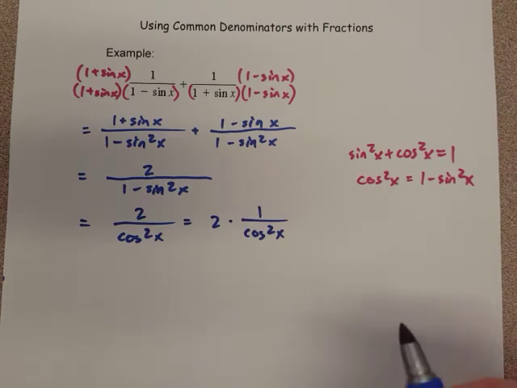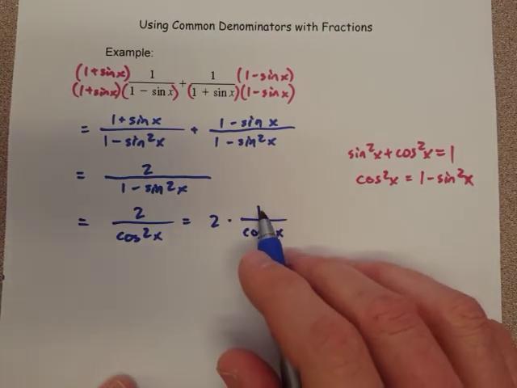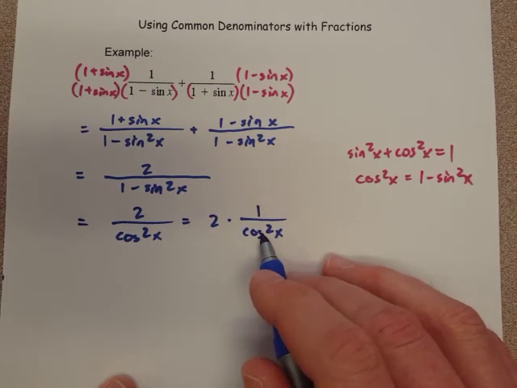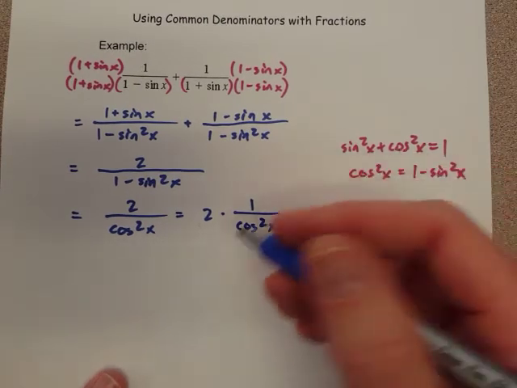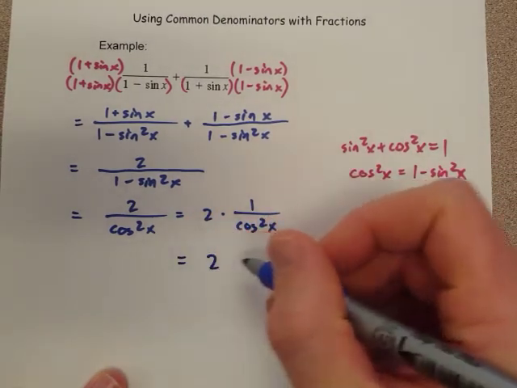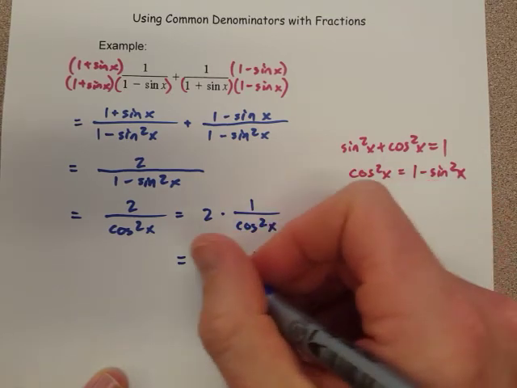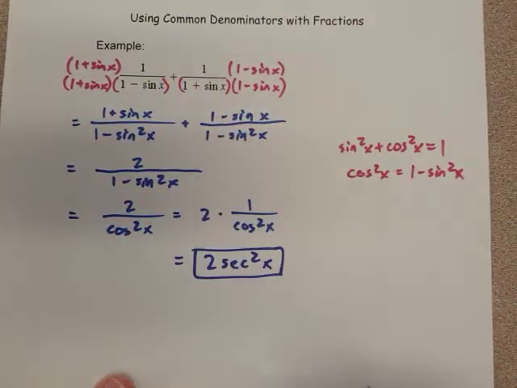And if you'll remember in the last video that we looked at, 1 over cosine would be secant. 1 over cosine squared could be replaced with secant squared, and so that's going to be our last step in this case, to say that this is 2 times secant squared, and that's going to be a simpler version of what we started with up here.